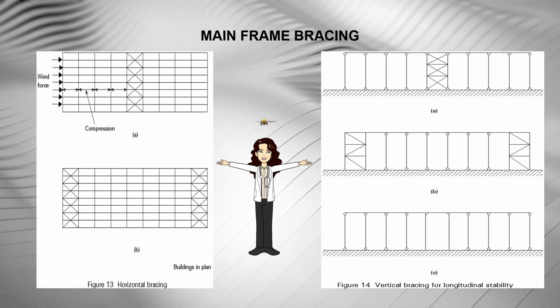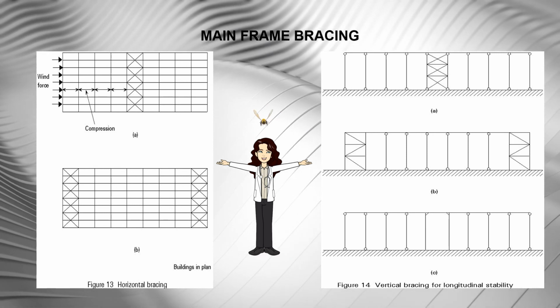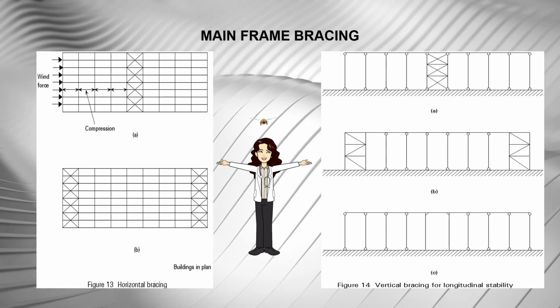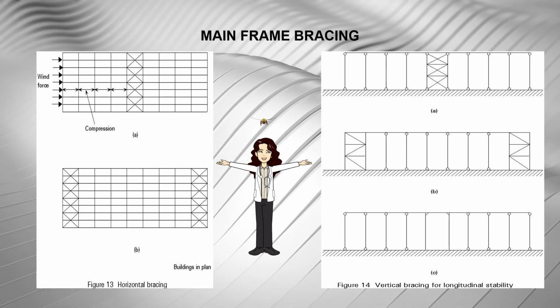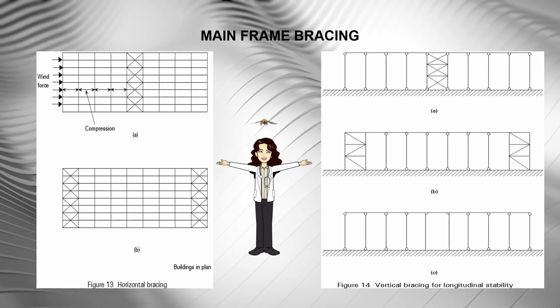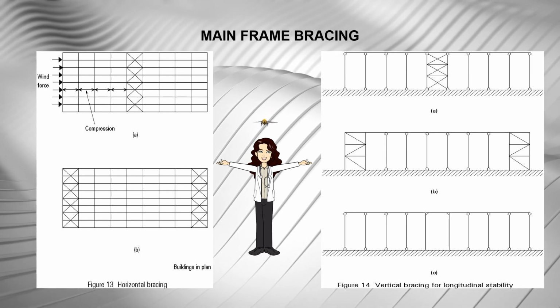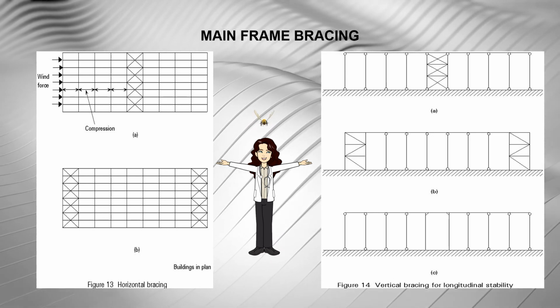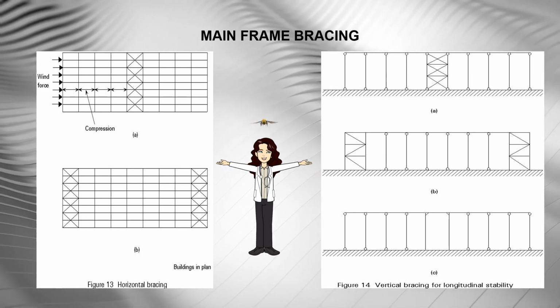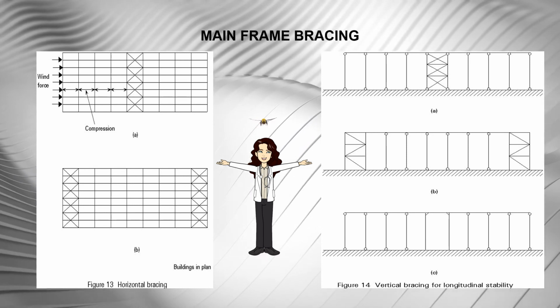Bracing may be located either at mid-length of the building, such as shown in Figures 13A, 14A, and 14C, or at its end, such as shown in Figures 13B and 14B. Bracing at the end helps for erection purposes, since it provides a stable structure at one end of the building when the erection starts.